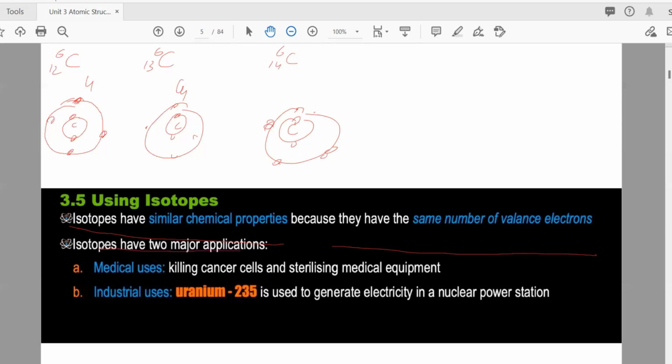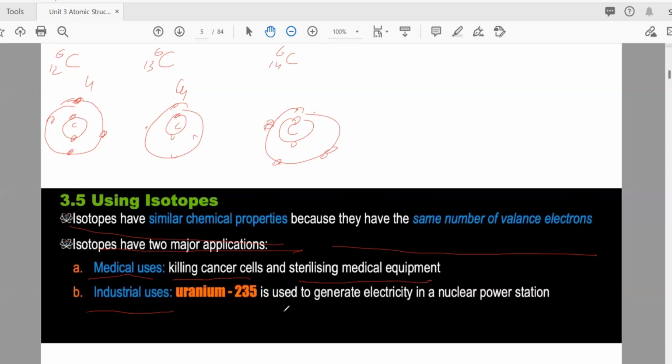Isotopes have two major applications. Number one, medical purposes. They are used to kill cancer cells. They are also used to sterilize medical equipment before an operation. Number two, industrial use.